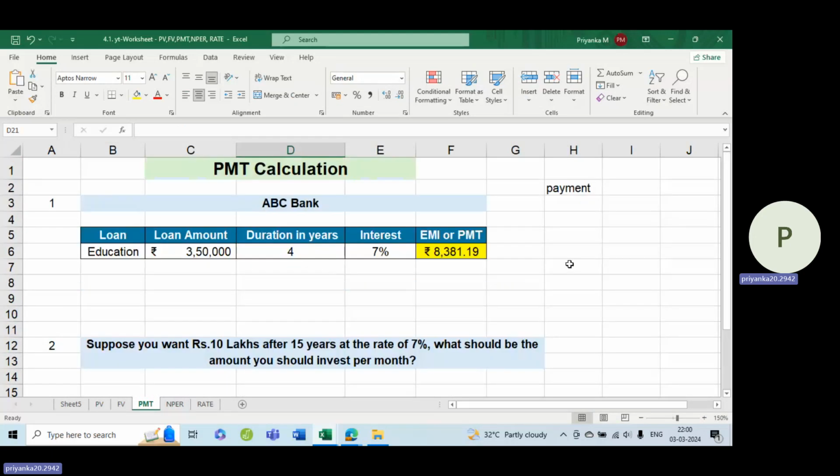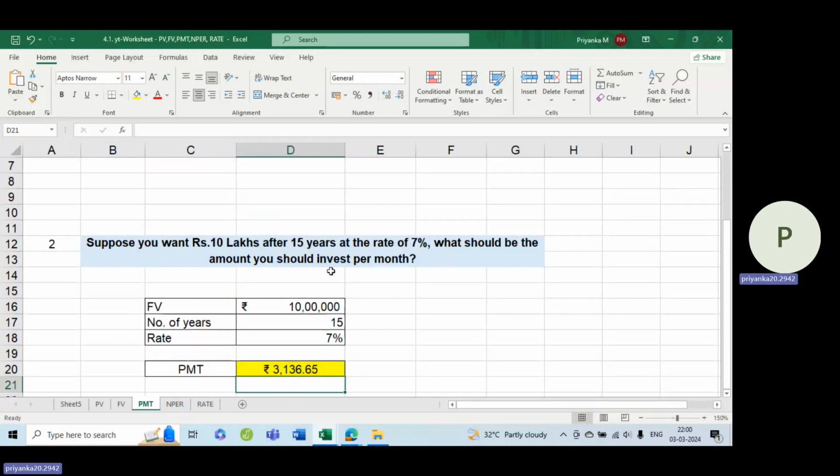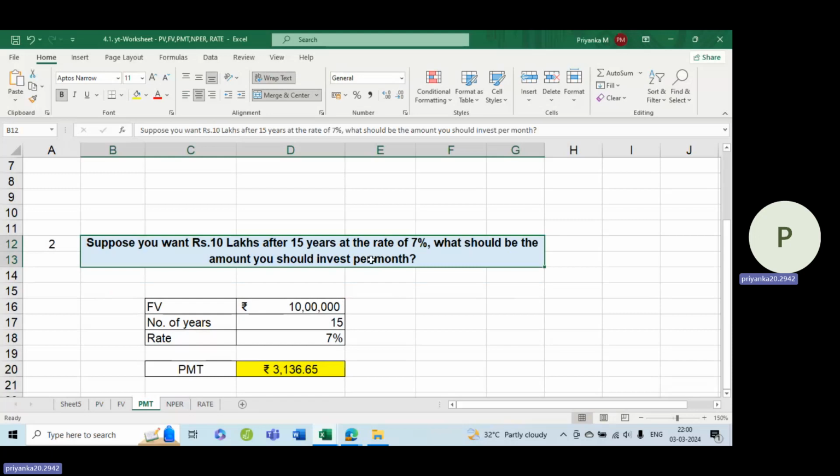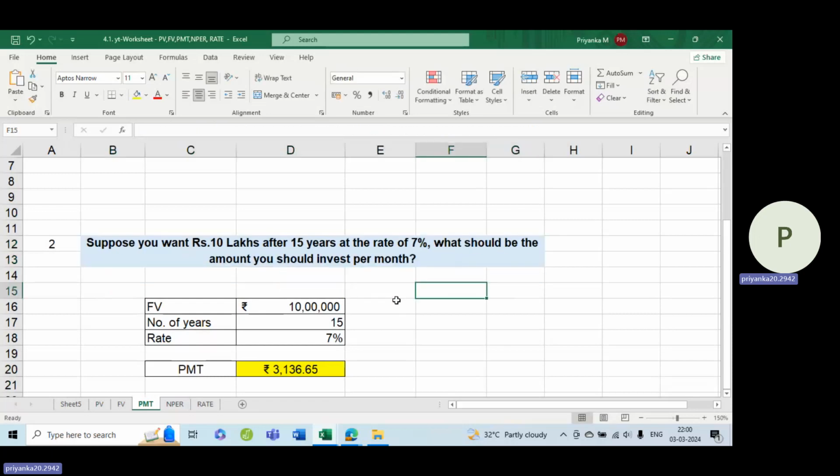One more thing I wanted to say here is, let us say instead of investing per month, they have provided quarterly.